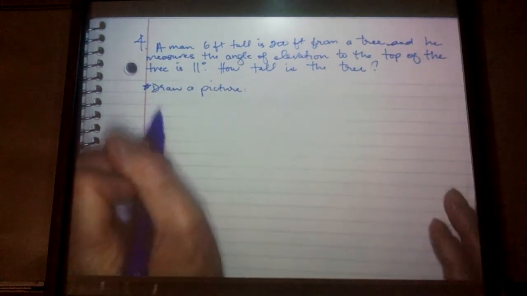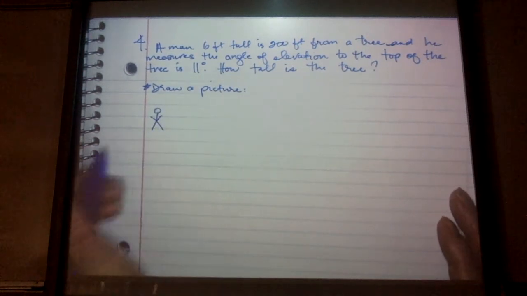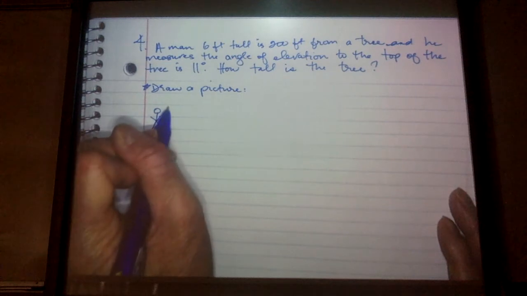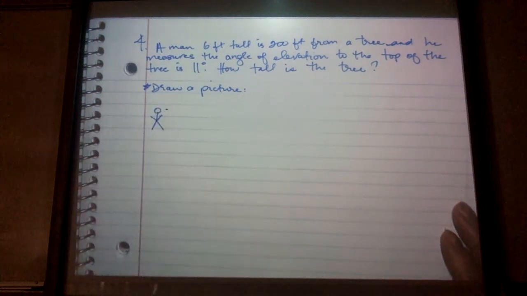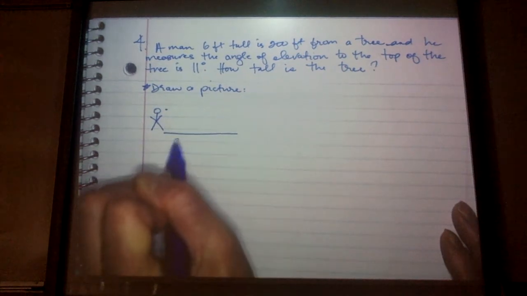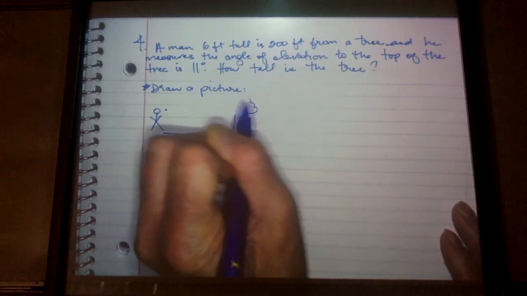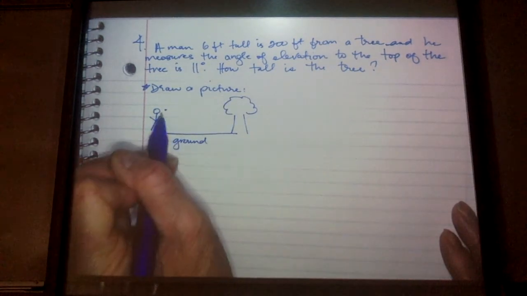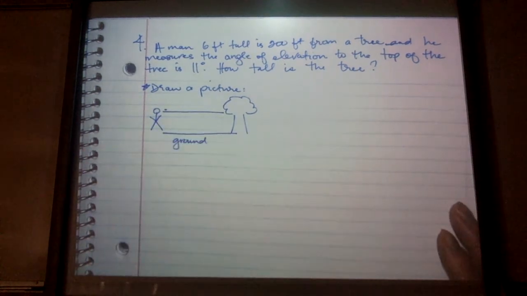So I've got a man, and I know that he is 6 feet tall. So this one is a little tricky. Here's the ground, right? Here is my tree. Okay? Now, when that man looks straight across, that's his line of sight.